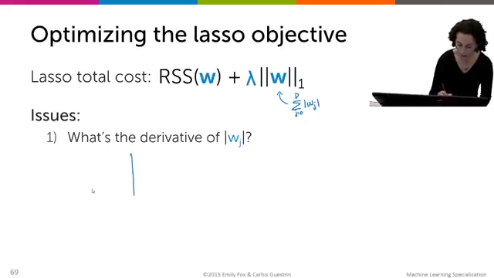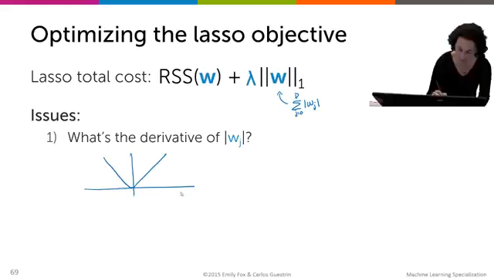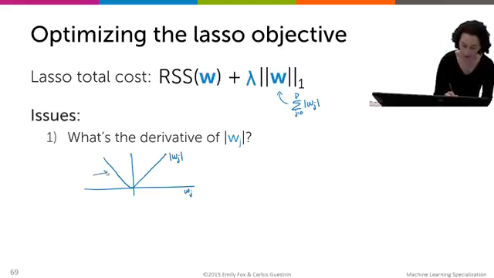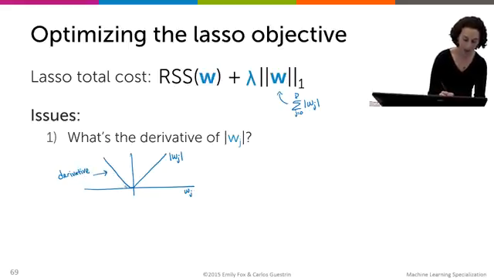And when I think about this absolute value function, so this is wj, absolute value of wj. Well, what's the derivative here? The derivative at any point along this side is going to be -1. The slope of this line is -1.